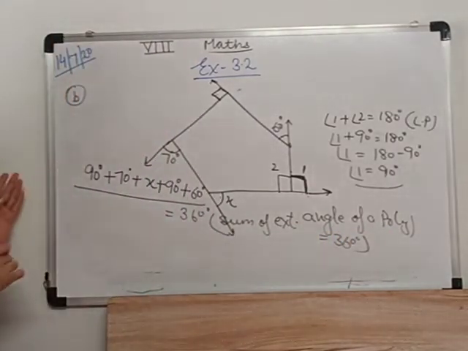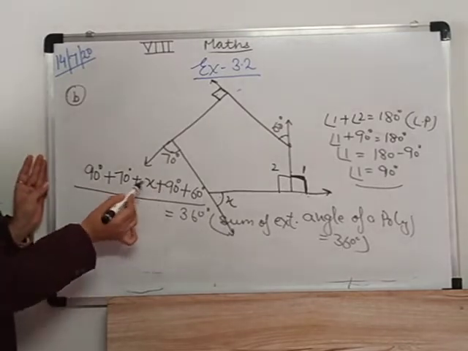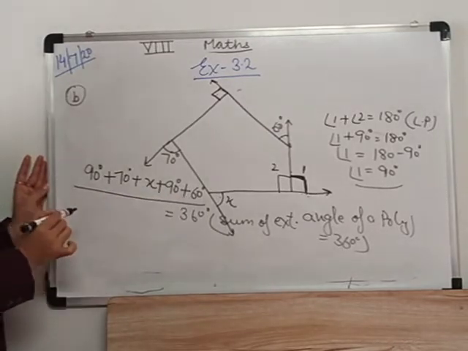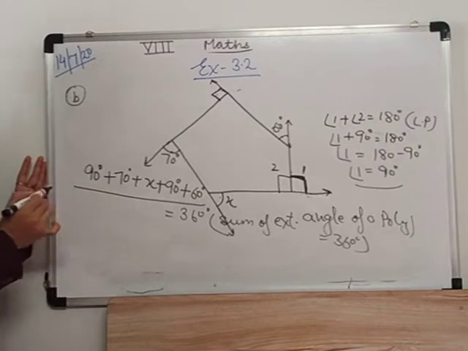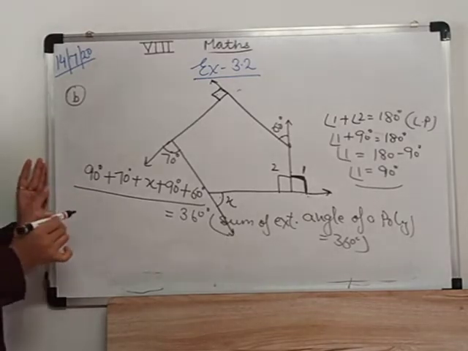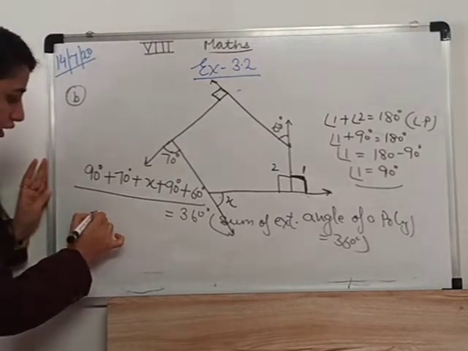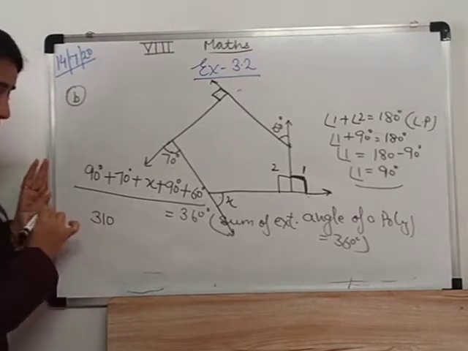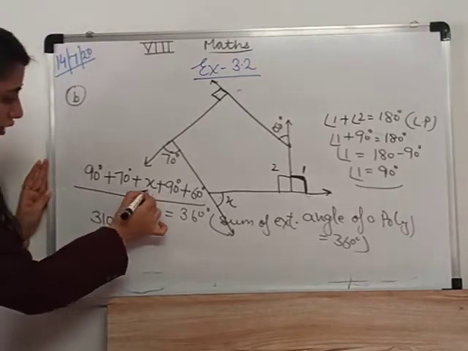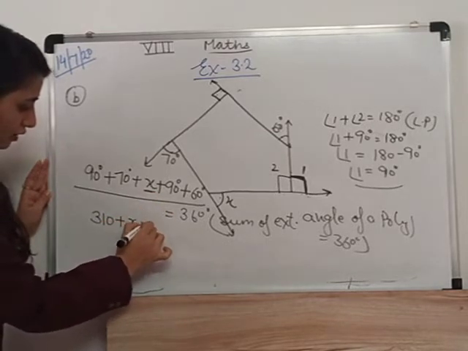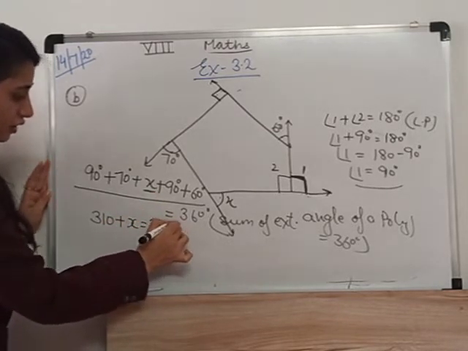Understood? So add all these. 90 plus 60, 150; 150 plus 70, 220; 220 plus 90, 310. Okay? 310 plus X is equal to 360.